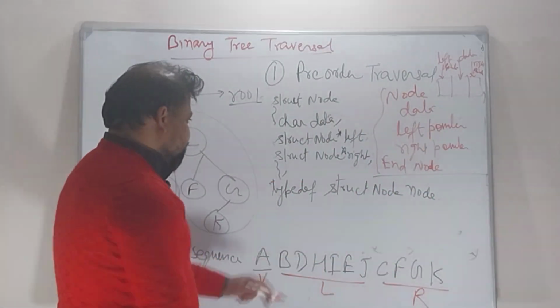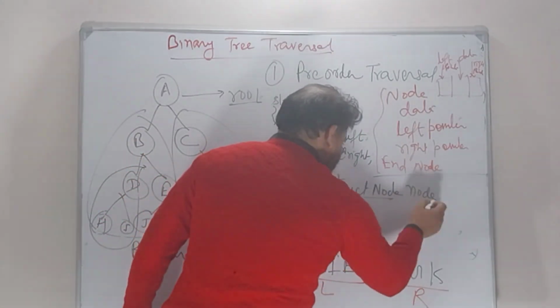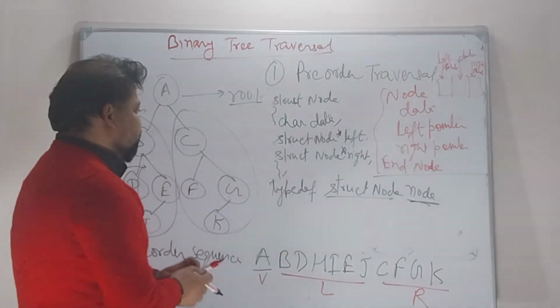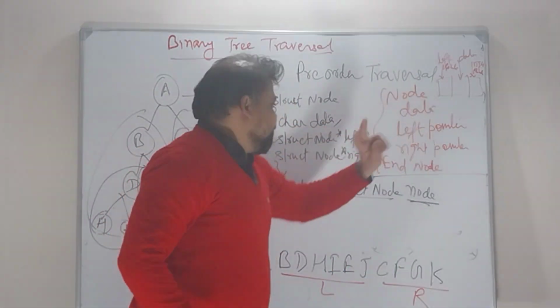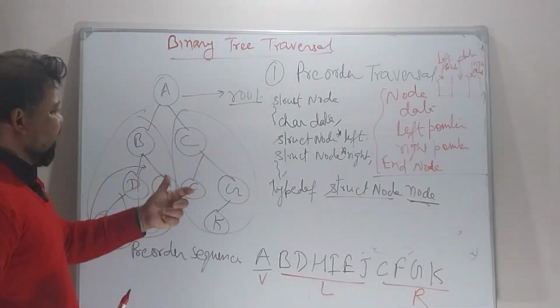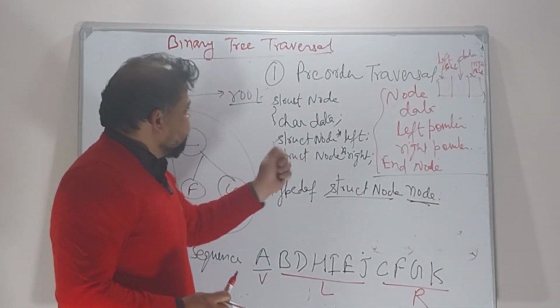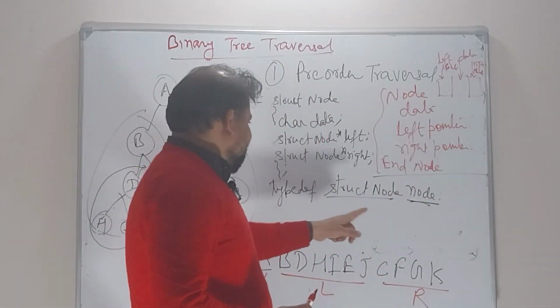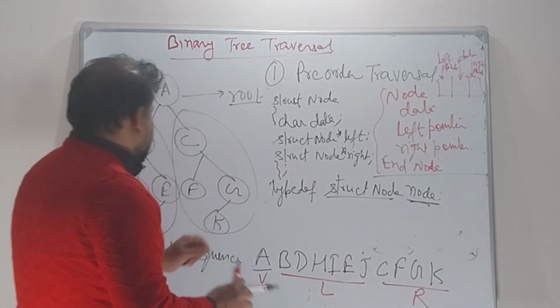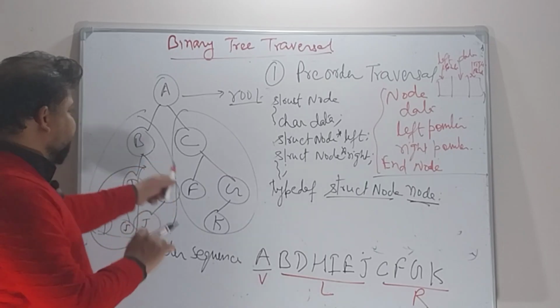Now I have renamed this struct node as node. So now node is a data type of this specific node type, and directly I can use it like integer or float data types. So now I'll use this node, and using this node only, I'll try to traverse this tree.